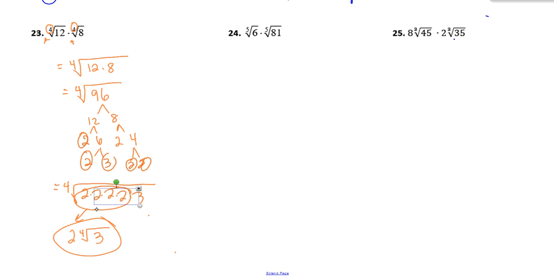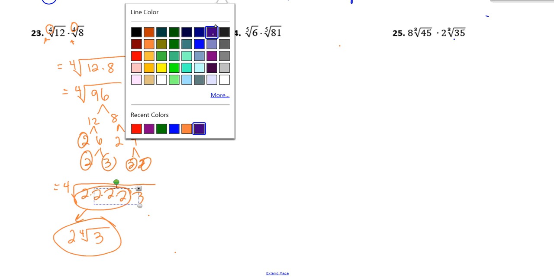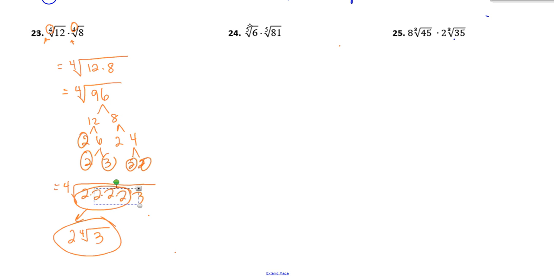Okay, next one. No numbers outside. The numbers on the shelf match, so we can join them into one single radical. And again, you don't have to combine them together just to break them apart again. You can factor these two separately and just put those into one radical and list them all together. As is, 6 and 81, there are no 5s inside there.